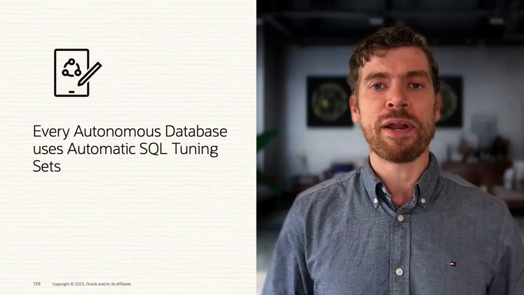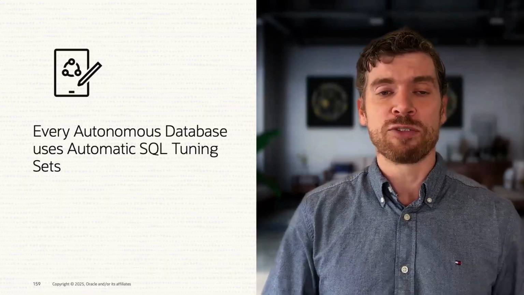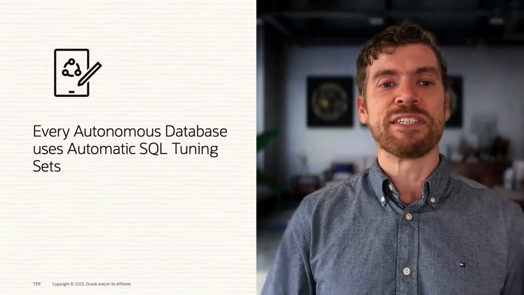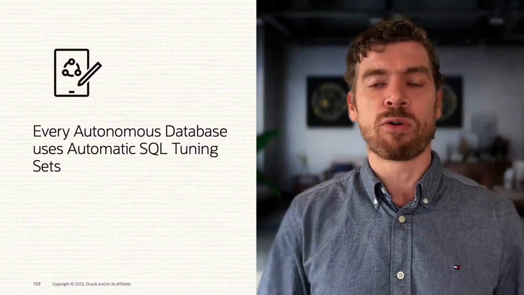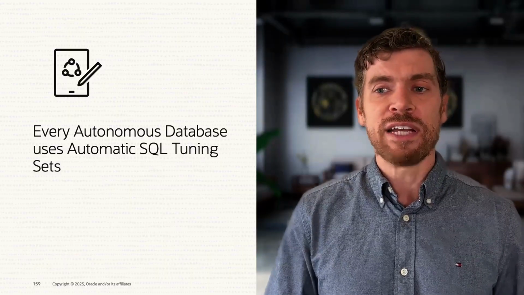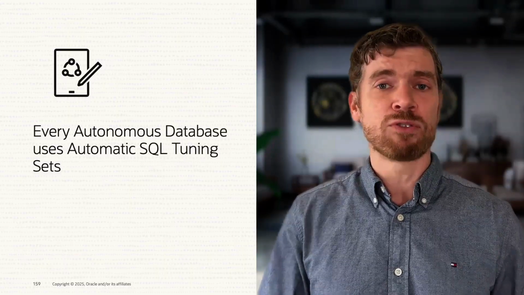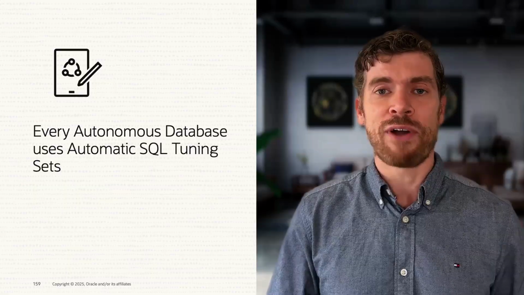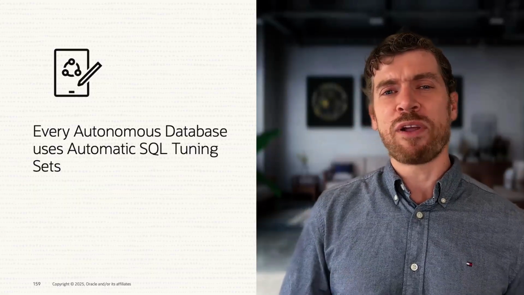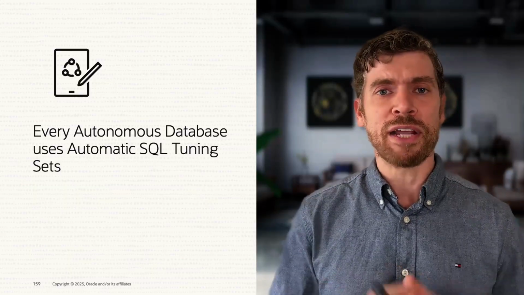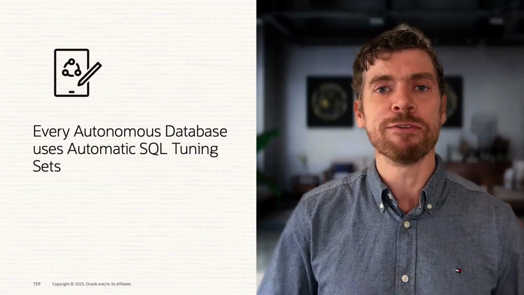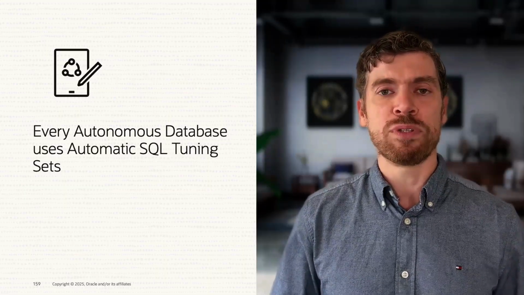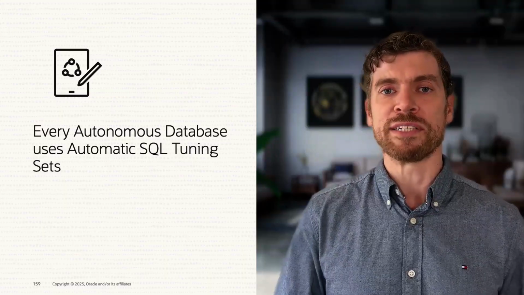The SQL plan management features are supported because of the automatic SQL tuning set. The automatic SQL tuning set, we also call it ASTS. It's something that we have in Autonomous Database, and this is already enabled. And it's different from AWR because in this feature, we will collect all the statements you execute in your database and put them in this SQL tuning set.